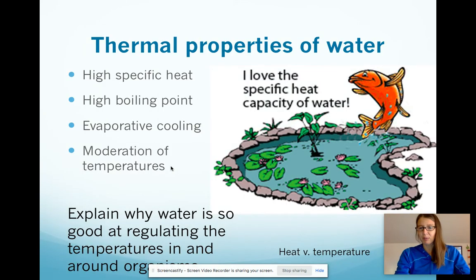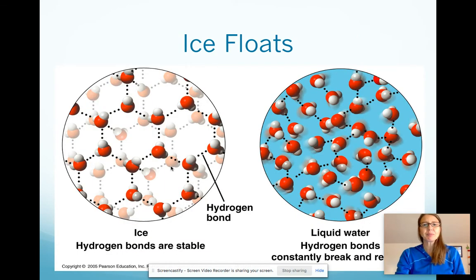And then, of course, you explain what it is about the chemical nature of water that allows it to do that. Something kind of cool that also helps regulate temperatures for water is the fact that when it's at 4 degrees Celsius, just above freezing, it's actually the most dense. Once it freezes, these hydrogen bonds create this cool lattice structure, and ice is actually less dense than liquid water, so it floats.